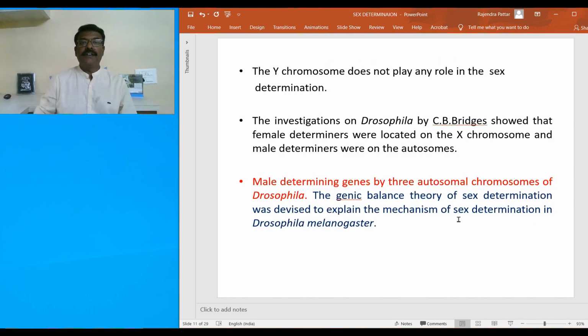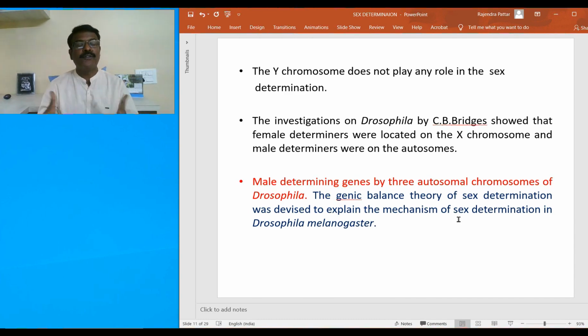But it later became known that the Y chromosome doesn't play a significant role in determining the sex of Drosophila as a male. Then how is that made possible? Then what is the role of the Y chromosome? Let me make it very clear that whatever genes the Y chromosome has are meant for the fertility capacity of the male Drosophila, but not for the expression of male sexual characters or the development of the male Drosophila.